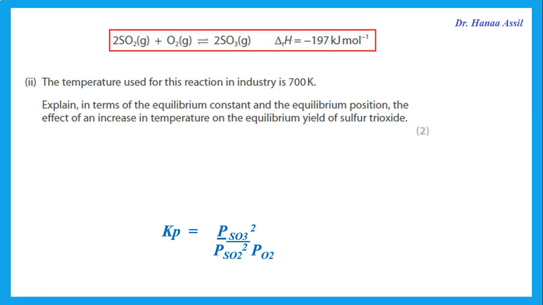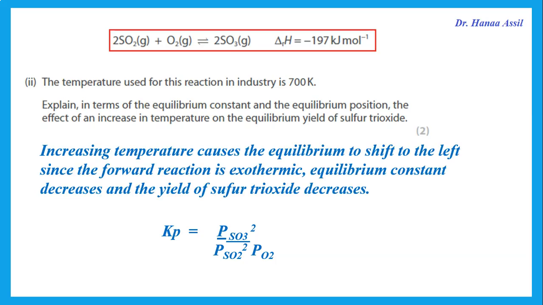Remember, increasing the temperature would cause the reaction to go backward. Now, the reaction going back means I have less of the SO3, and that means the Kp would also be less. So increasing the temperature causes the equilibrium to shift to the left.